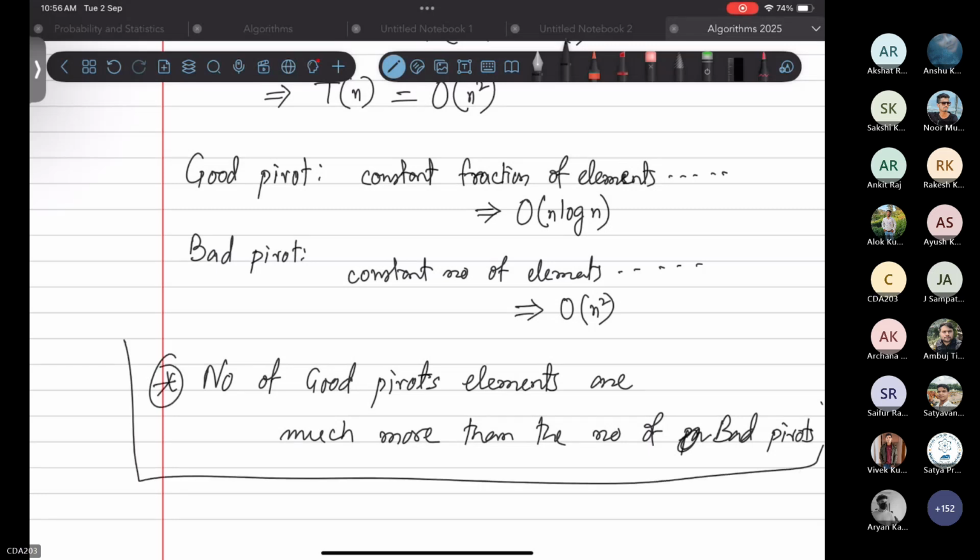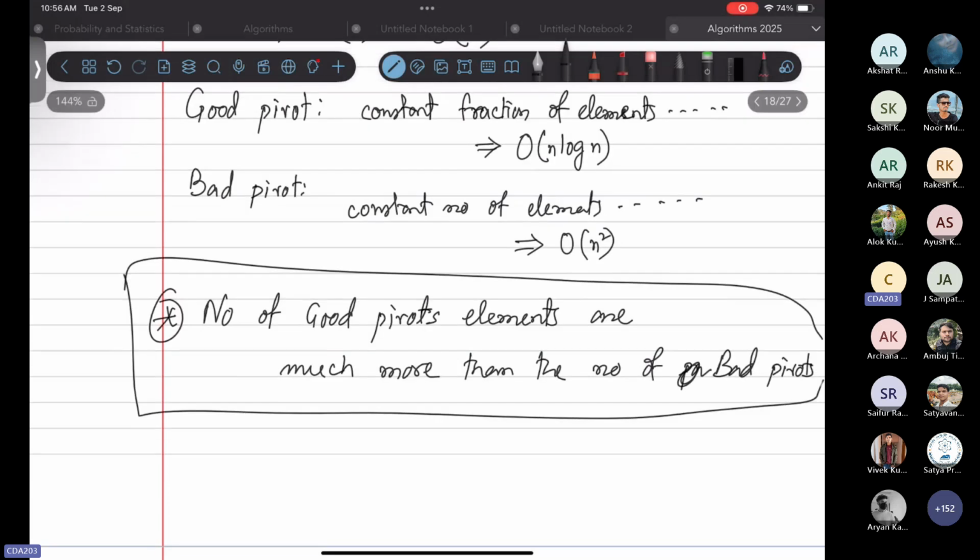Let me make it a box. This is important to understand, right? Can you see why I am saying the number of good pivot elements is way more than the number of bad pivot elements?